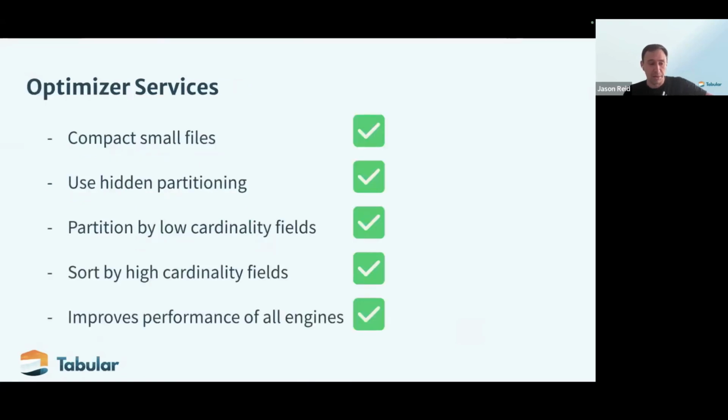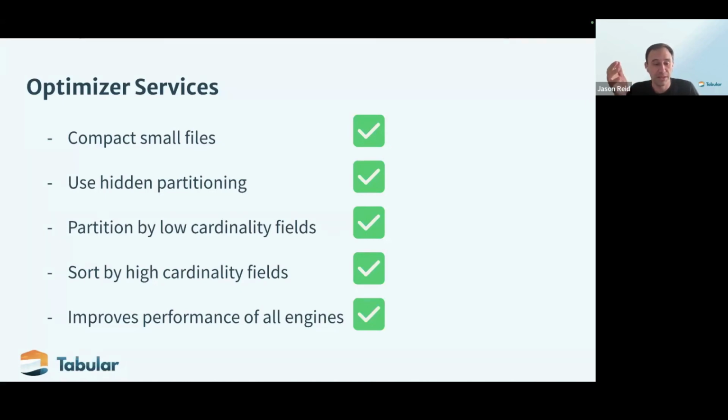In addition, all those data engineering activities, these are things that even at Netflix, we had a lot of data engineers who spent a lot of time focused on trying to solve these problems. And I'm really happy to say that the Tabular platform handles all this stuff automatically, and it does it in a very intelligent way. So obviously compacting small files, we're all very familiar with the small files problem and why we have to compact those things in large tables.